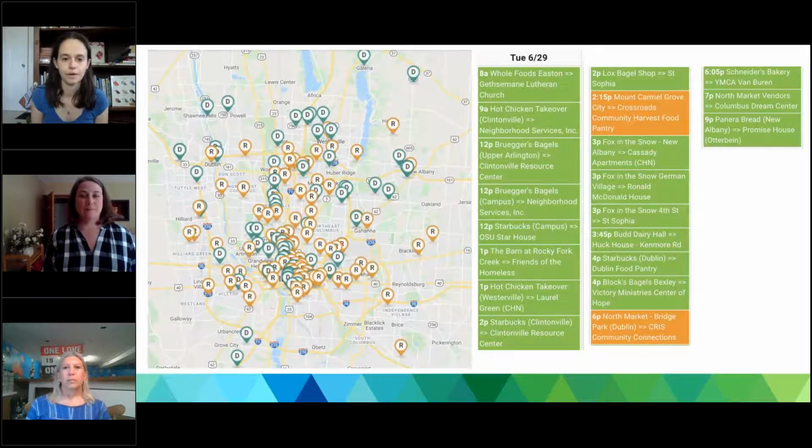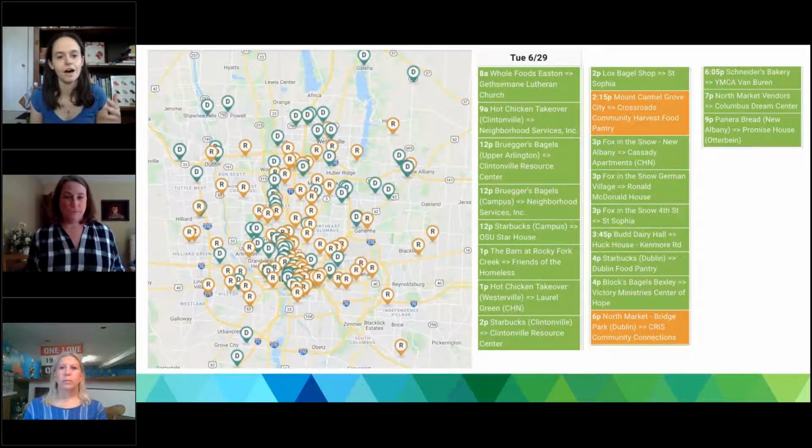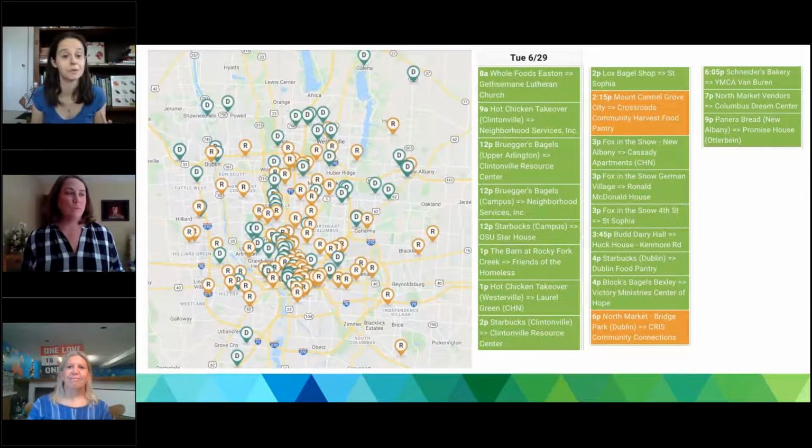And Susan is absolutely right. So generally you want to click in the middle of the bar. So instead of I'll do it or adopt, if you click over to the left a little bit, that will have the pop down information about addresses, phone numbers, roughly how big the donation is going to be. Because if you look at things like this, Whole Foods Easton tends to be a fairly big rescue.